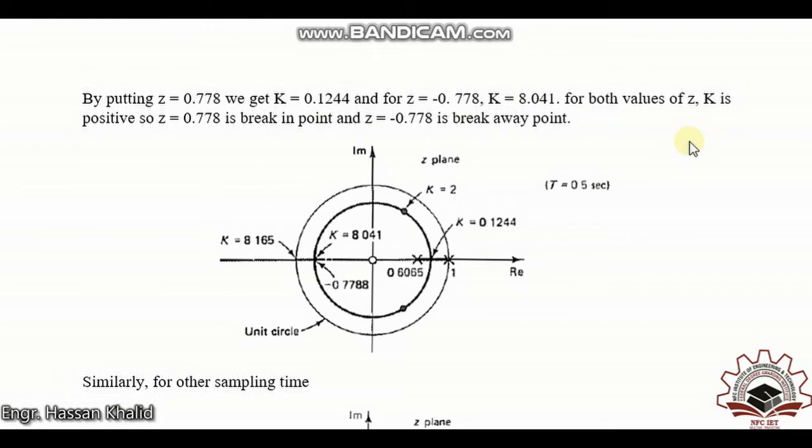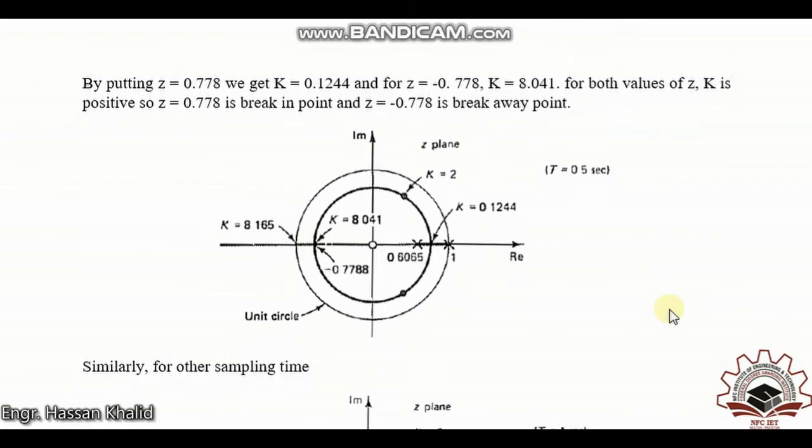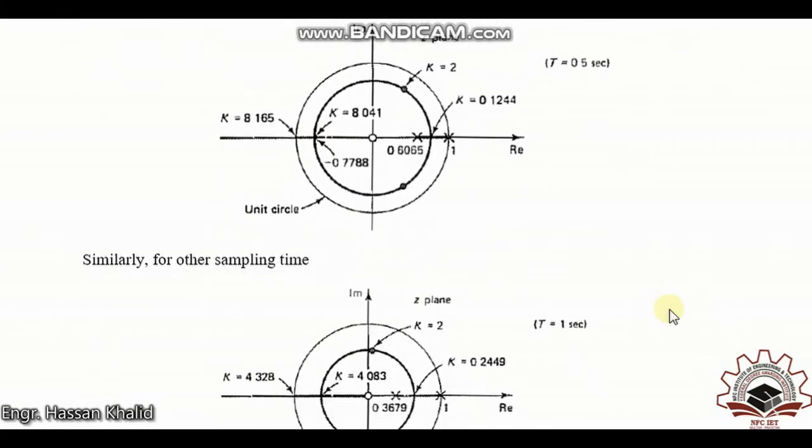From both values of z, K is positive, which is justified from the root locus, and from here it has been justified that at 0.77 this is the break-in point for the value of K equal to 0.12, that means we will be residing over this position, and at z equal to minus 0.778, K is equal to 8.041, that means we will be over here. So this is how we sampled our system for 0.5 second.